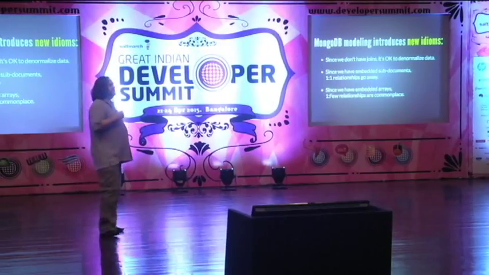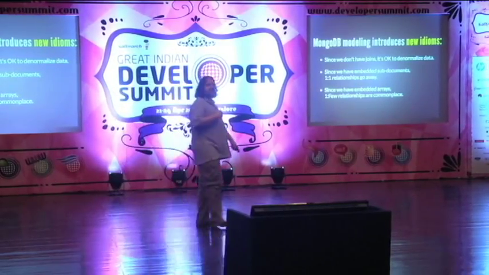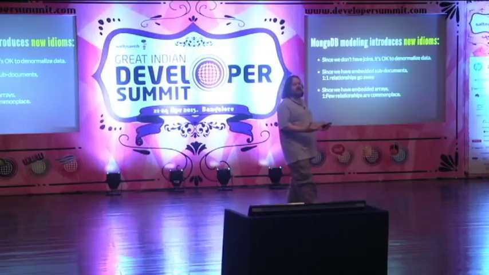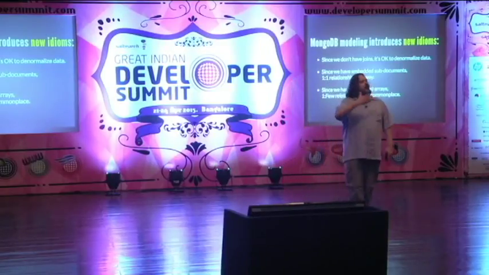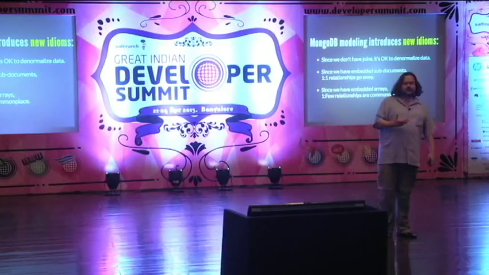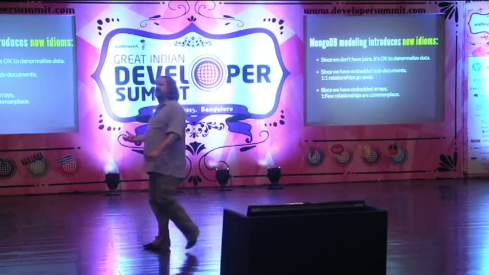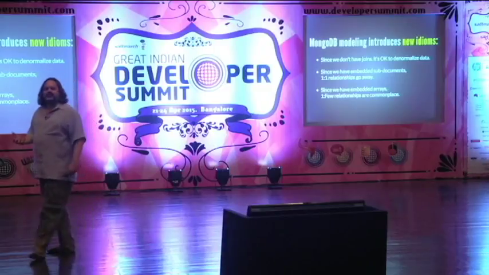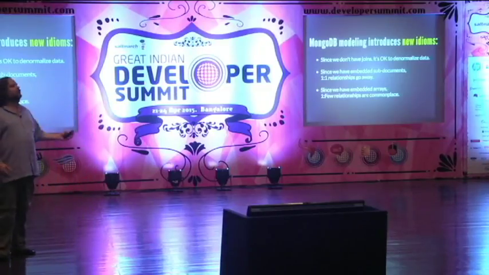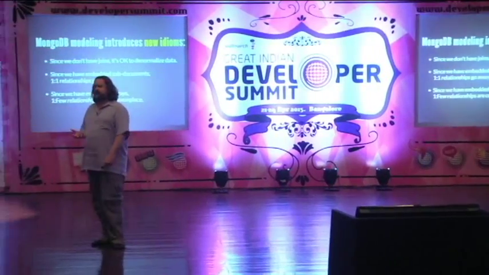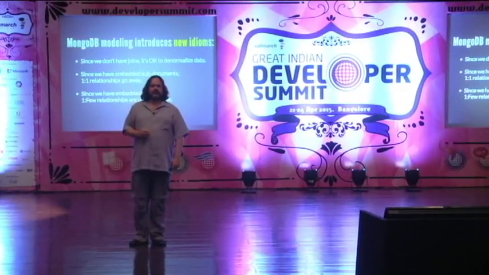Some of this may sound like heresy to you, but it's okay to denormalize your data. It's okay for one-to-one relationships to go away. It's even allowing us to create new terminology. One of the phrases we use an awful lot is, is this a true one-to-many relationship, or is it a one-to-few relationship?